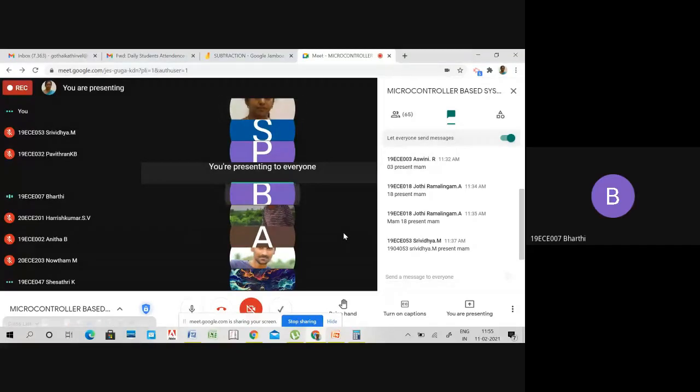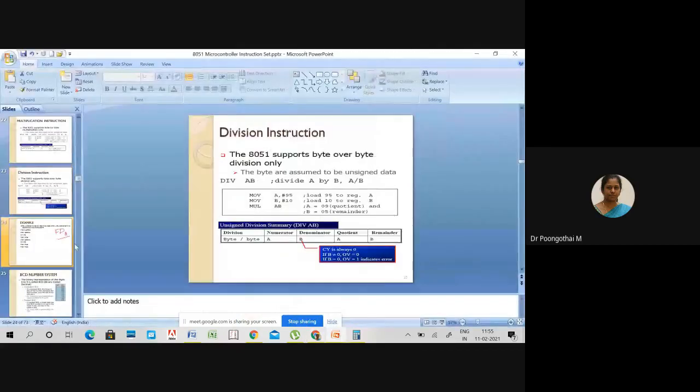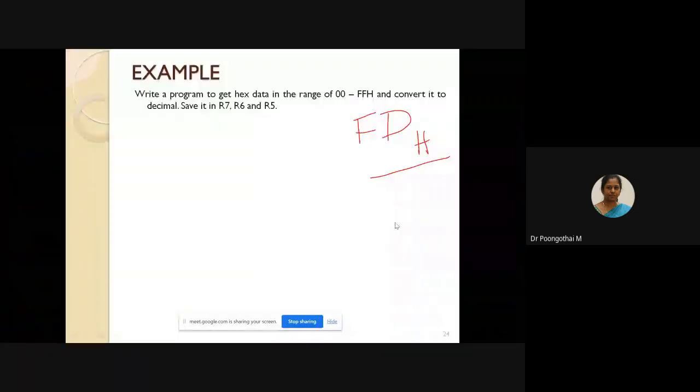Then we load the divisor into the B register again, and divide AB again because the quotient will not change. Now the new remainder is loaded into the R6 register and the quotient is loaded into the R5 register. Yes, correct. So this is the solution for this example.